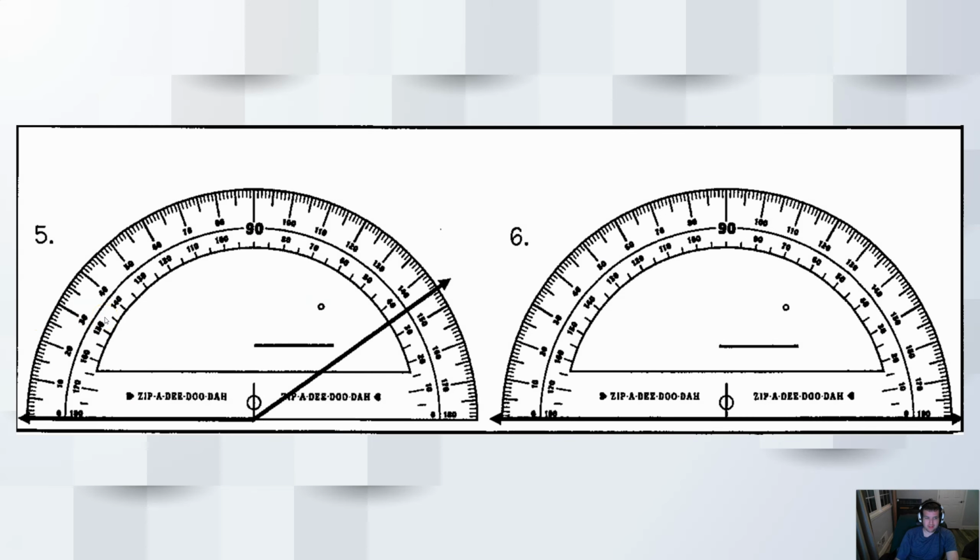Alright, number 5 and number 6. Is it acute, right, obtuse, or straight for number 5? Hopefully you said obtuse. Now, an obtuse angle measurement, we're looking at the bigger set of numbers, right? So we're not going to be looking at these guys here. We're looking at these guys here. If you're having a hard time reading it, that says 140, that says 150.